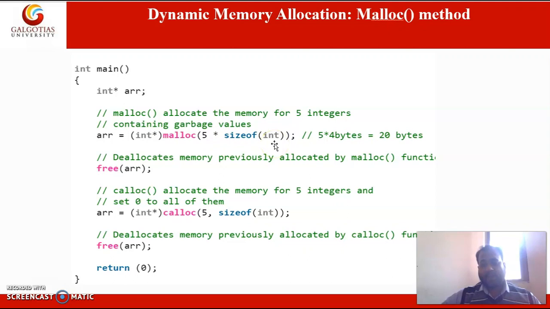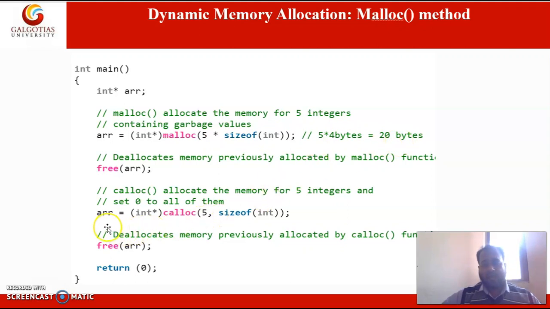Here we have declared arr as an int pointer variable, so the size of the allocated space must be sizeof int, and we are allocating space for 5 int variables. In total it will take 20 bytes in memory.